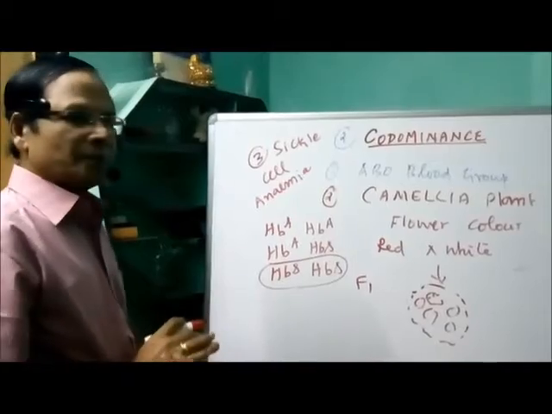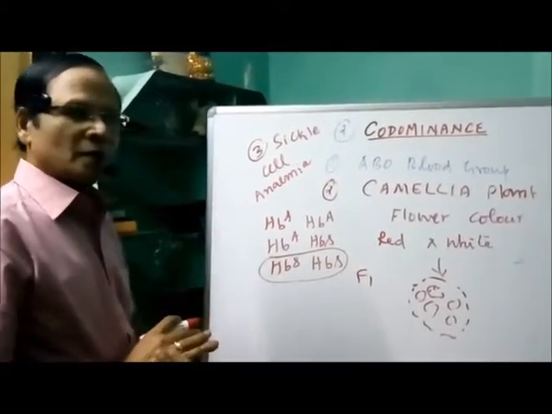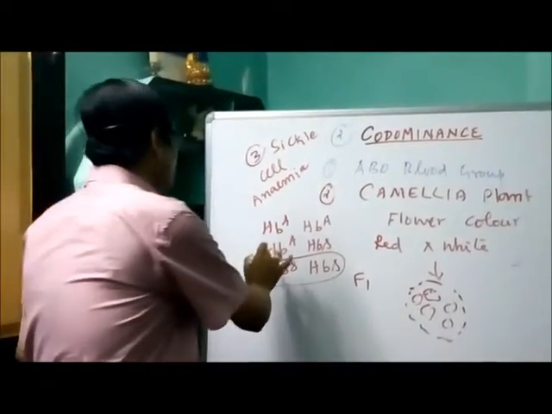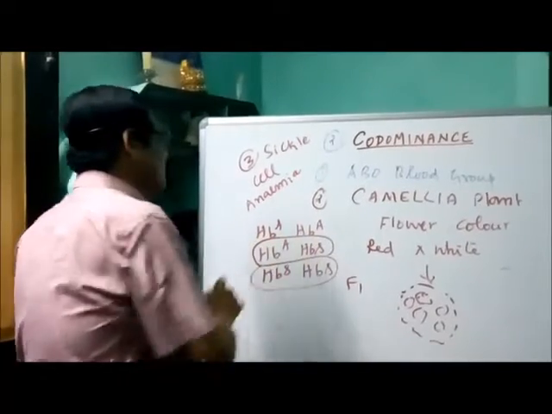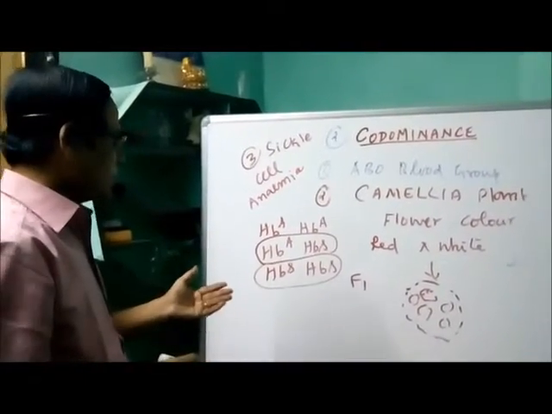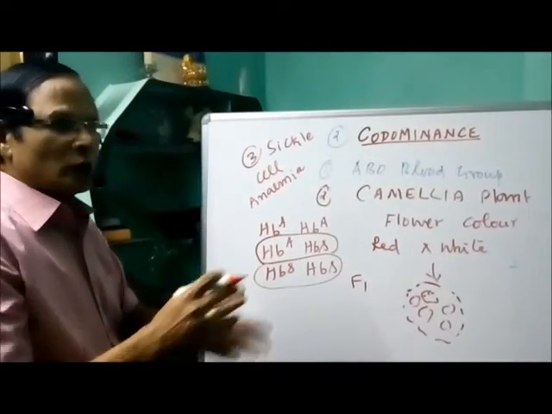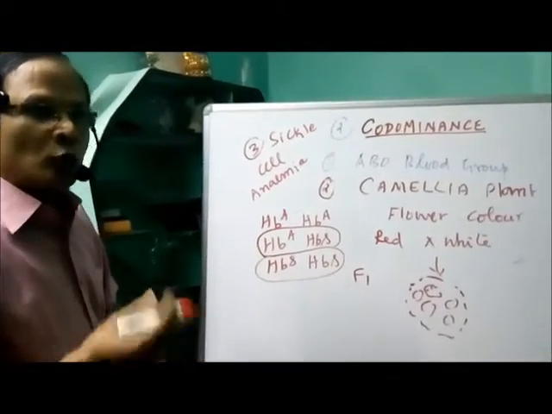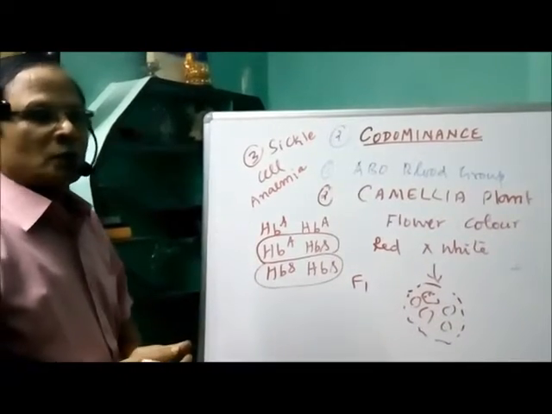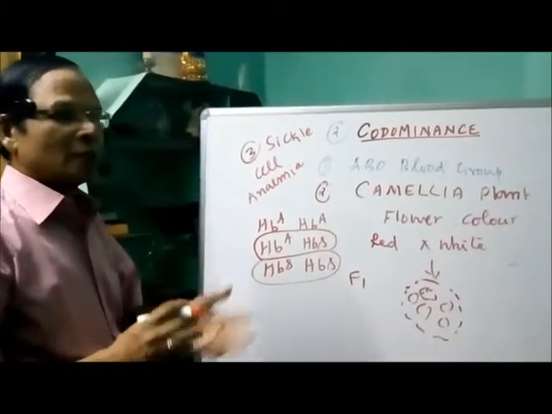Here too we see three different genotypes. In the heterozygote, hemoglobin A and sickle cell hemoglobin are expressed equally, and this provides the person an advantage in resisting malaria.